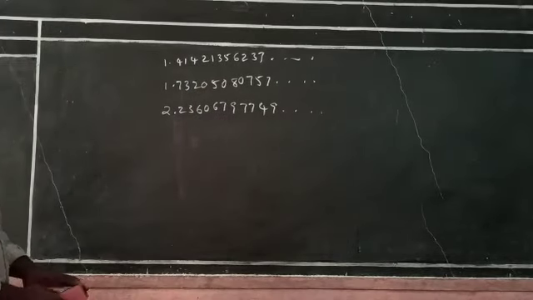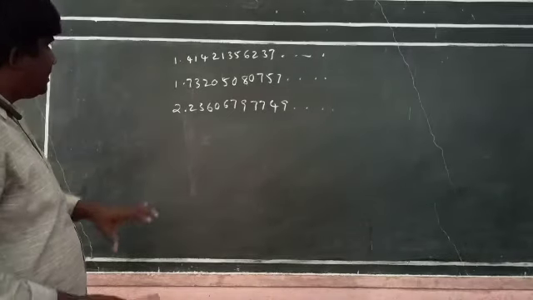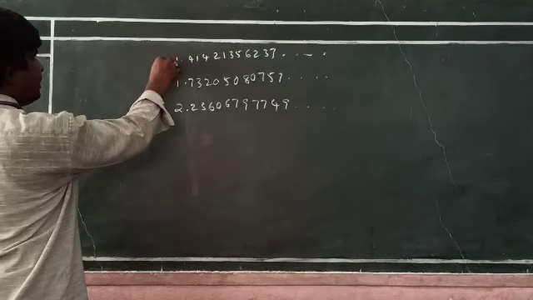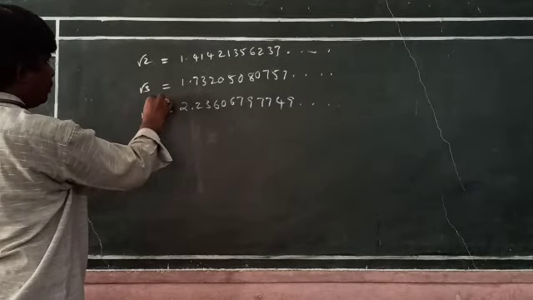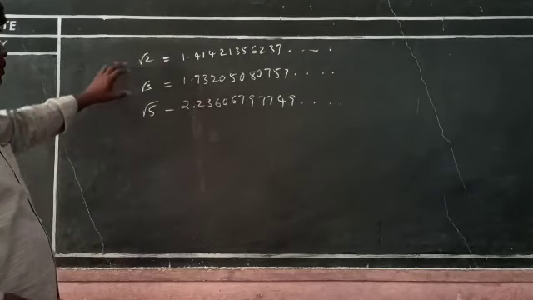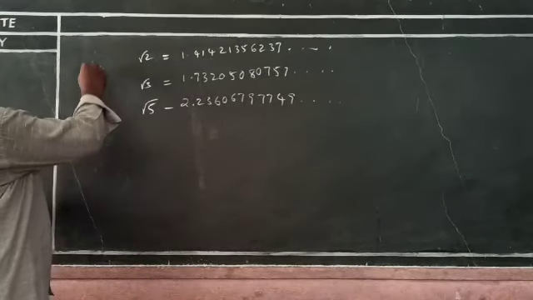This is also a non-terminating, non-recurring decimal. So they exist as root 2, root 3, root 5. Root 2, root 3, root 5 are considered irrational numbers.